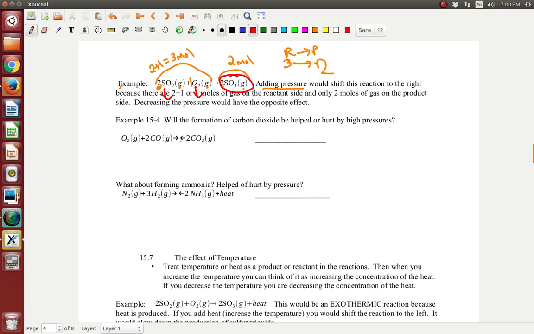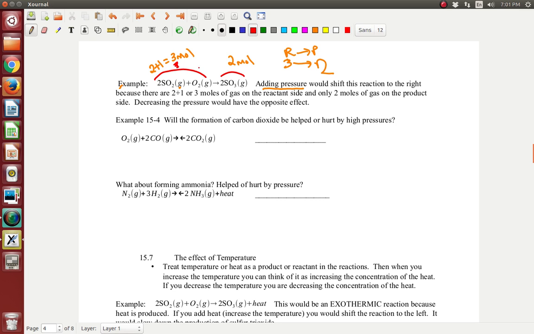Now, if I release the pressure so the volume goes back up, well, now it doesn't need to go to the smaller side. If I have more room, it goes back to where I have more moles of gas. So by increasing the pressure, it lowers the amount of space. It goes to the side with fewer moles.